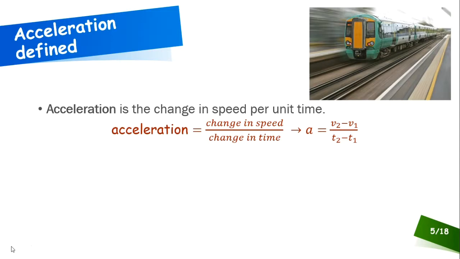So essentially, the body that we're studying, whatever that may be, is starting at position 1 and moving to position 2. So the v1 is the velocity at position 1. v2 is the velocity at position 2. Likewise, t1 is the time at position 1, and t2 is the time at position 2.